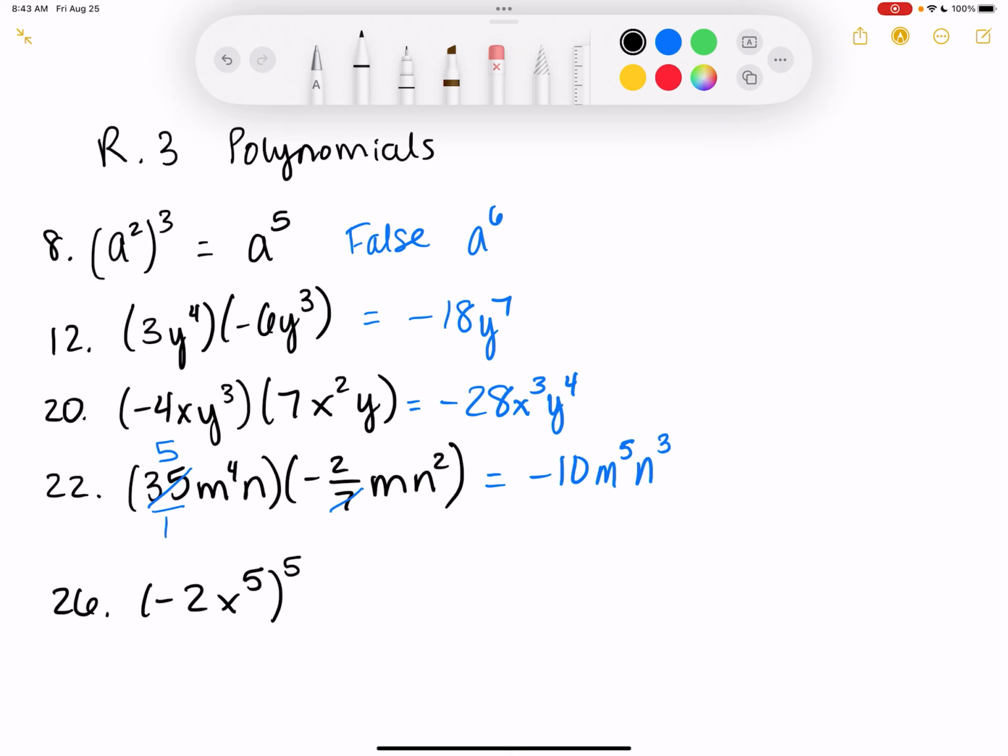Since it's an odd power, we're going to keep the negative. And then 2 to the 5th is 32. And then this is x to the 5th raised to the 5th. So when we have a power raised to a power, we multiply the exponents. So that's going to end up being x to the 25th.